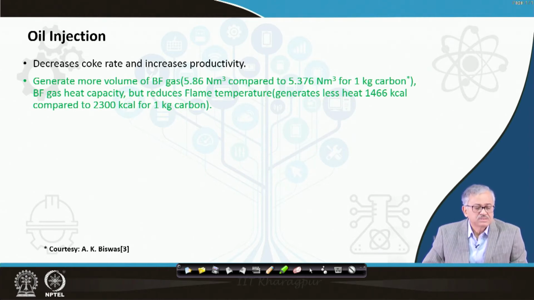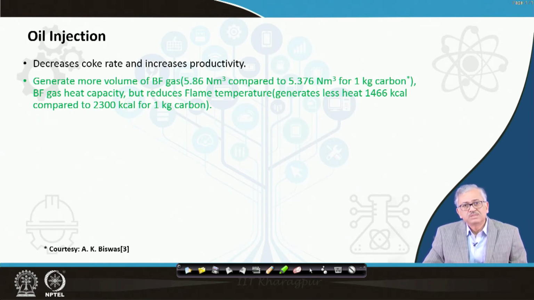So, blast furnace gas heat capacity increases, because more volume means more heat capacity, but it reduces the flame temperature, because it also generates less amount of heat. You can see it generates 1466 kilocalorie compared to 2300 kilocalorie if you burn 1 kg of carbon. So, it generates much less heat. As a result, it decreases the flame temperature.